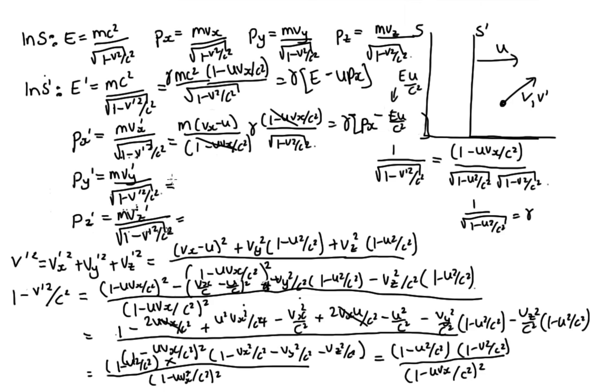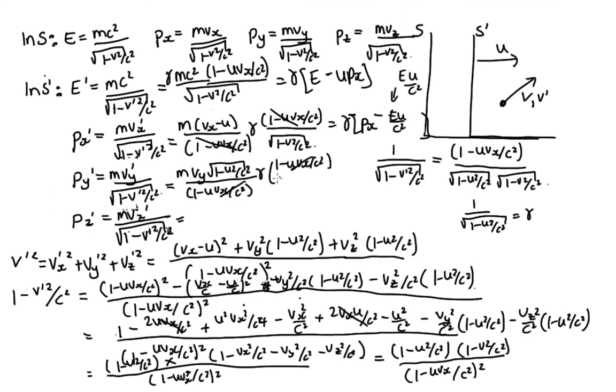We can just substitute in. We've got the m. The vy prime we know is equal to vy times the square root of 1 minus u squared on c squared over 1 minus u vx on c squared. And then we've got our gamma times 1 minus u vx on c squared, which will cancel with this one.